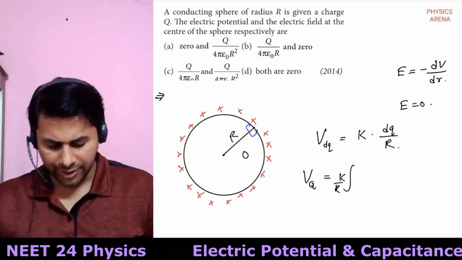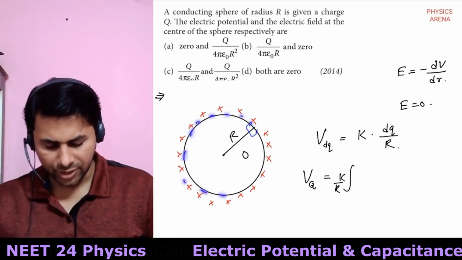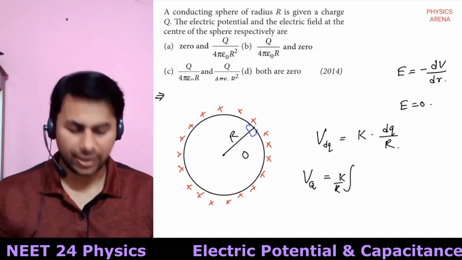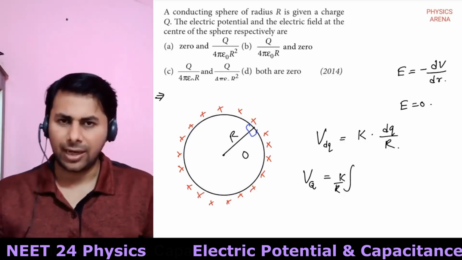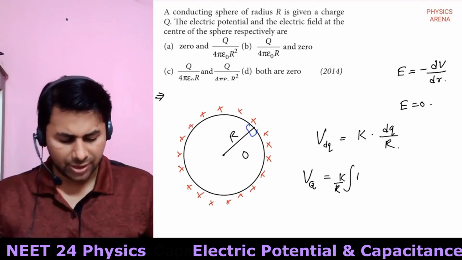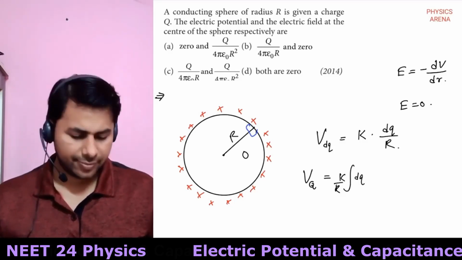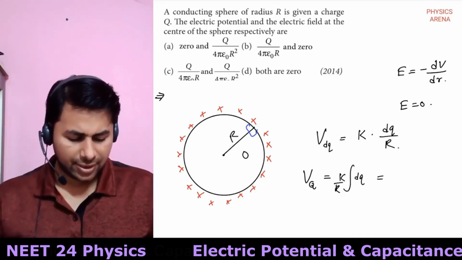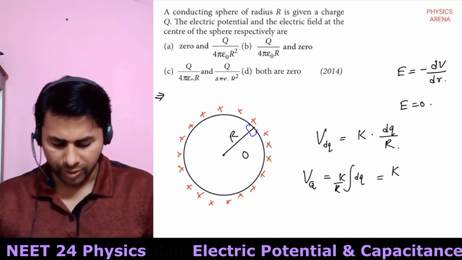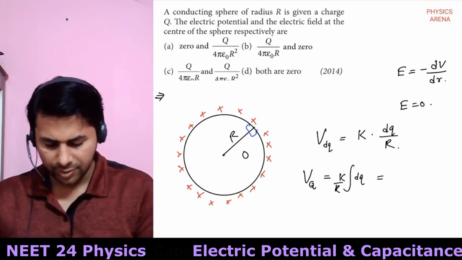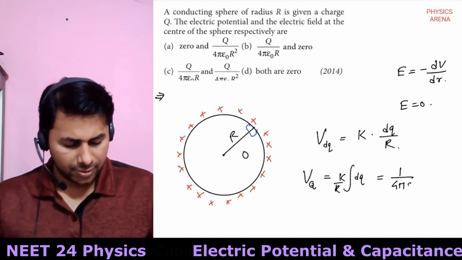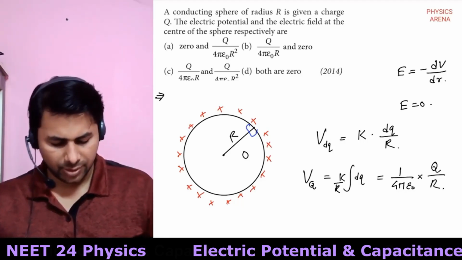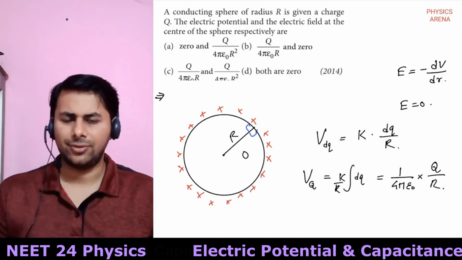R is a constant, because each small charge element is at the same distance from the center. The integral of dq is just q. So the potential at the center would be 1 upon 4 pi epsilon naught multiplied by q upon r. Got it?